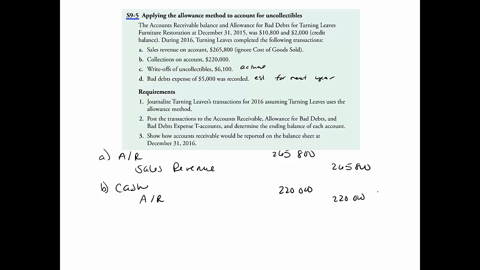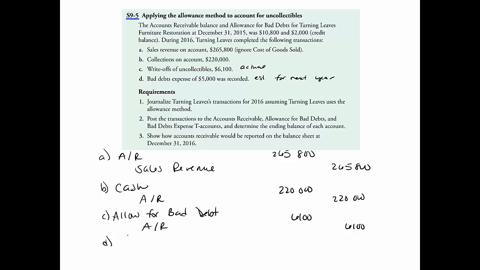And then I wrote off specific accounts. When I write off accounts, remember I'm pulling from that money I set aside. So I debit allowance for bad debt, and I credit the specific accounts receivable accounts. That's for $6,100. And the last one is a bad debt expense. Again, this is my estimate for next year.